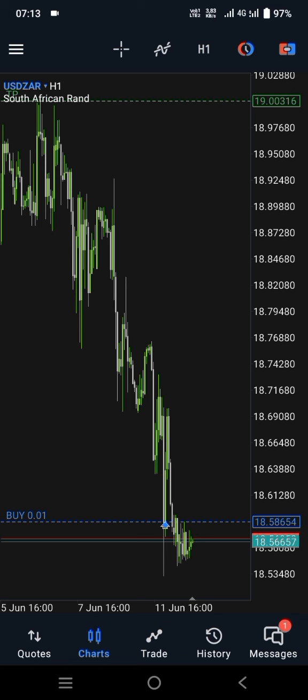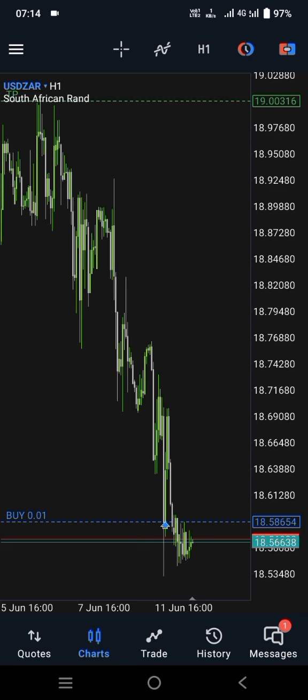Before CPI news gets released, I want to move my stop loss to break even because I don't trust the market, guys. I don't trust the market when high impact news is being released. So remember that the news doesn't decide the overall direction.